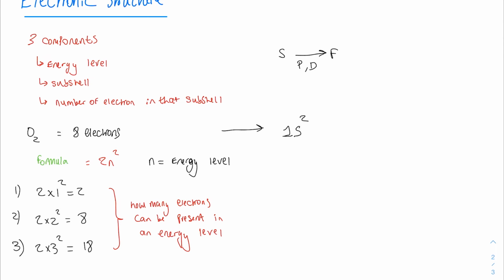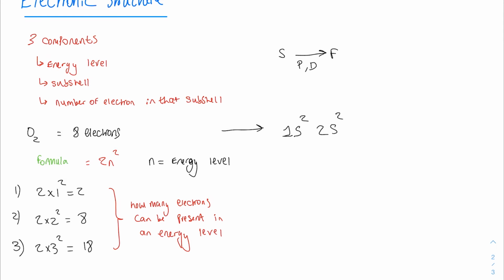Now moving on to the second energy level, we go with 2. And when we start a new energy level, the electrons always start filling from the S orbital first. So for now, it should be 2s2. So now we figured out where 4 of the electrons are. Now we need to figure out where the remaining 4. We know that the second energy level can hold 8 electrons. We already have 2, so we have a remainder of 6 that we can have at maximum in that energy level.